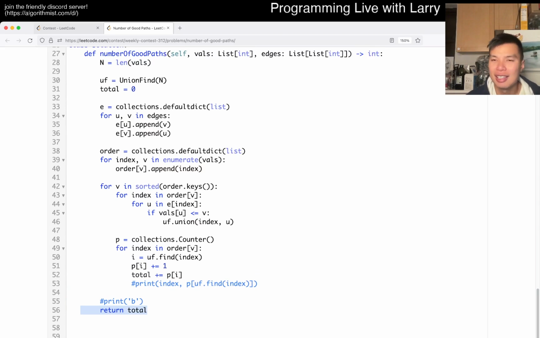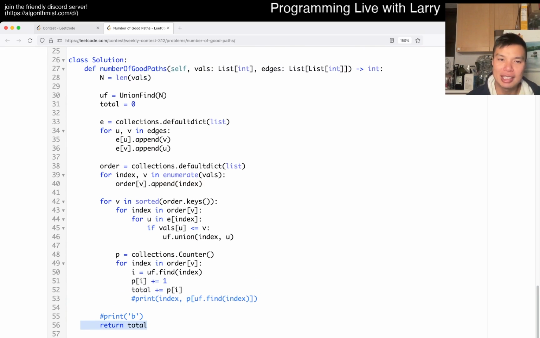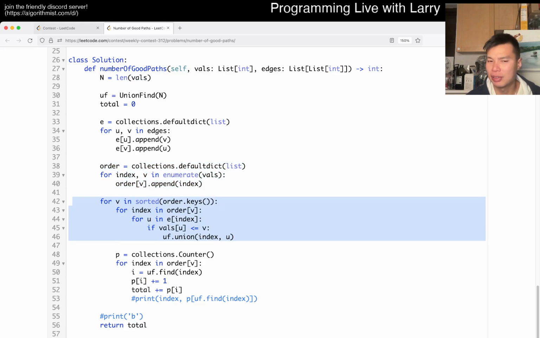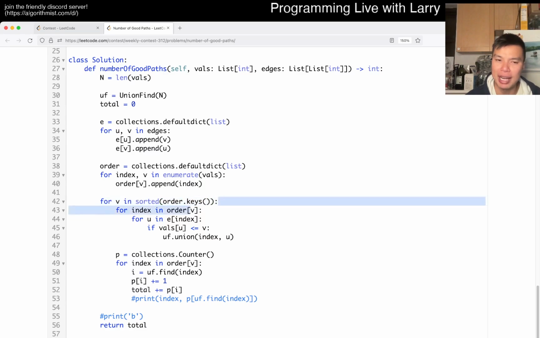Without going into too much detail, let's say that the union find code is constant operations. In that case, this is linear in the size of the edges. This is linear in the size of the nodes. This is linear in the size of the edges. Except for the sorting, you probably could have done this in a slightly different way, but because of the sorting of the keys, this is going to be n log n.